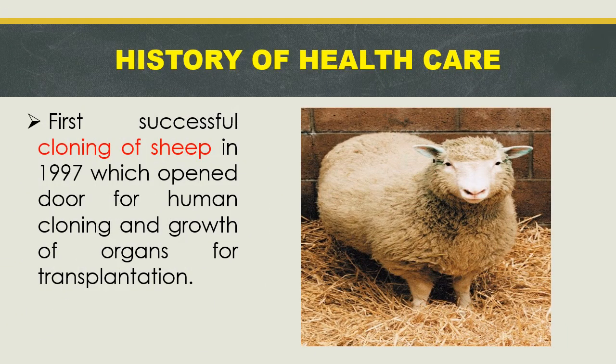And this one is the first successful cloning of sheep in 1997, which opened door for human cloning and growth of organs for transplantation. This is Dolly, and he is the first cloned animal.